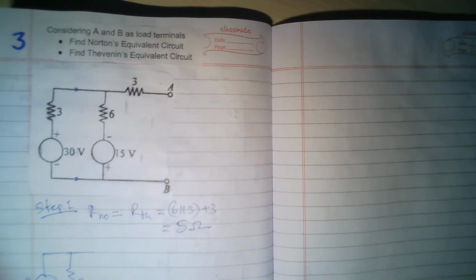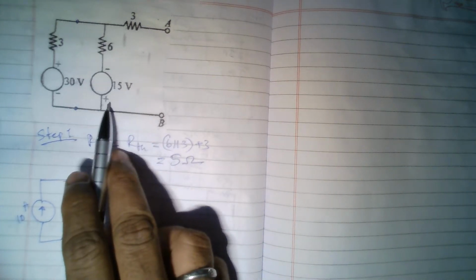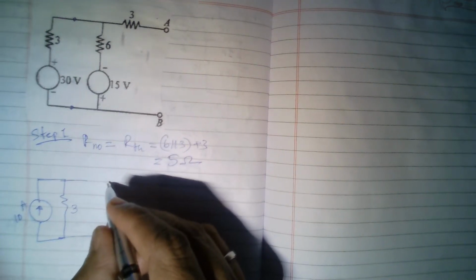So here is the circuit I have drawn. What I have done is split up this branch, 30 volts with 3 ohms, into an equivalent Norton branch. Similarly, another branch is there, 6 and 15. Let us split that into its own Norton's equivalent.